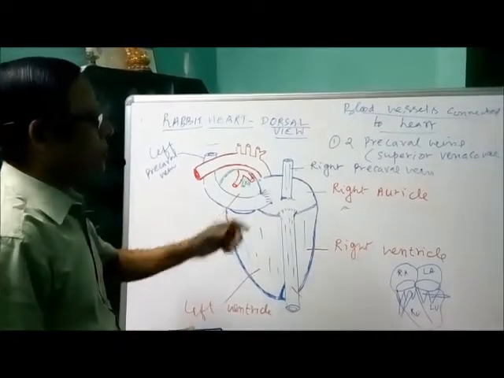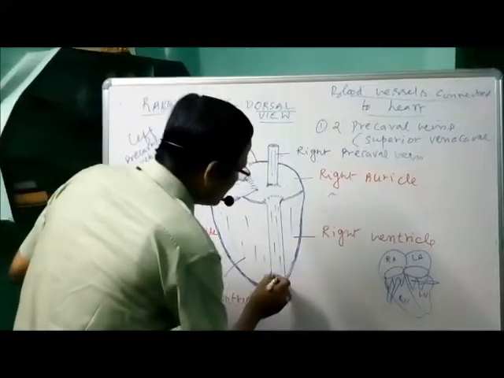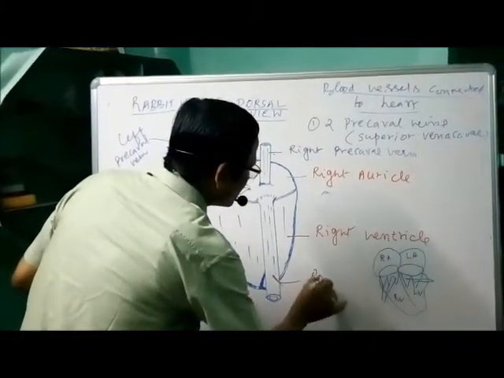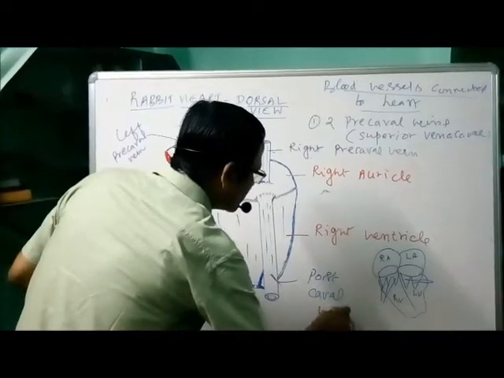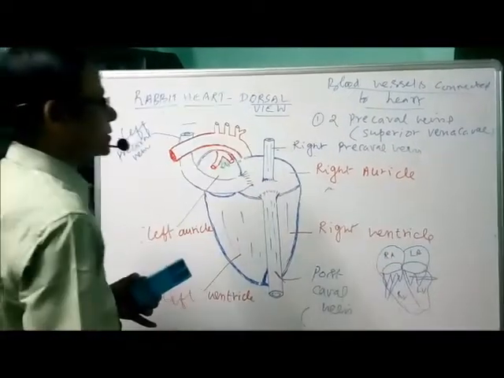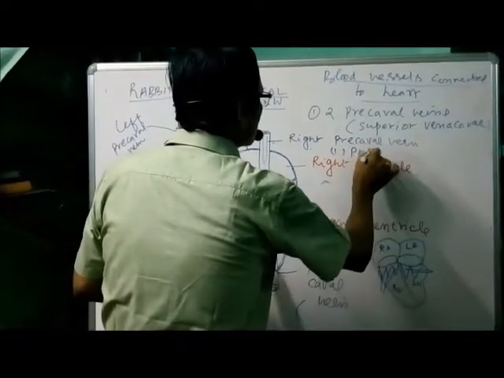veins, and also another vein collecting blood from the posterior parts of the body, and this is the postcaval vein. So two precaval veins, one postcaval vein.